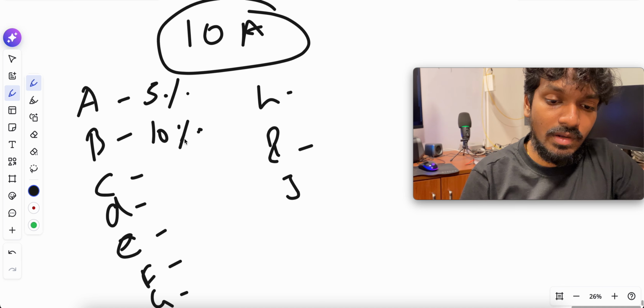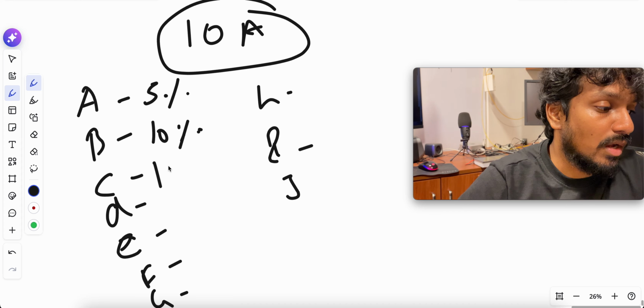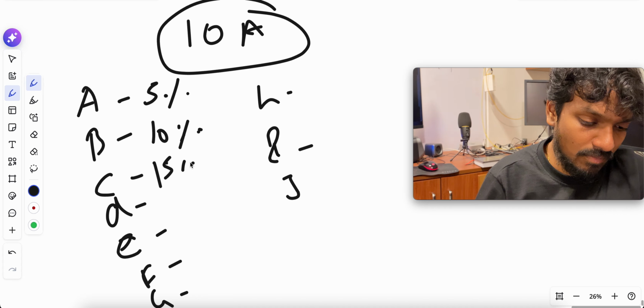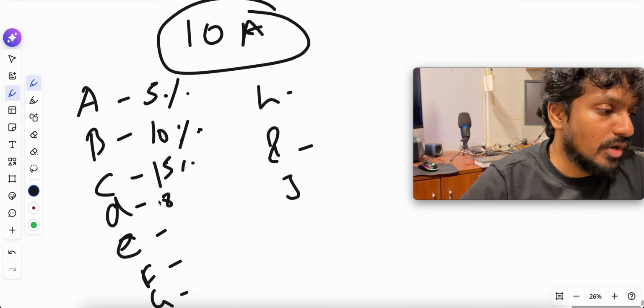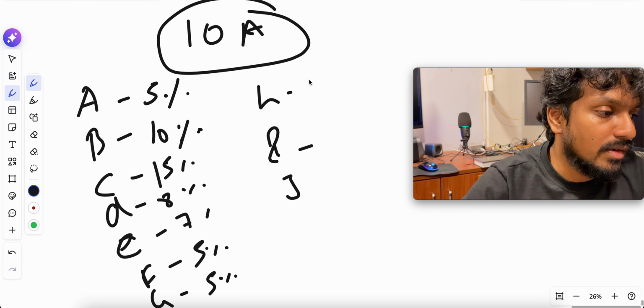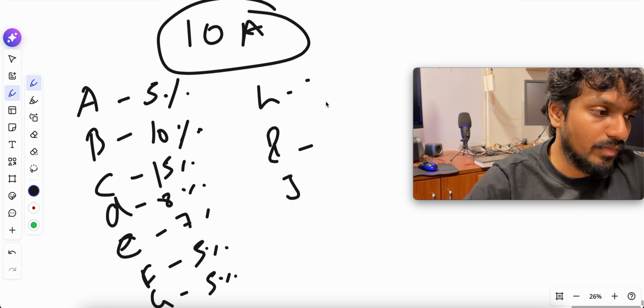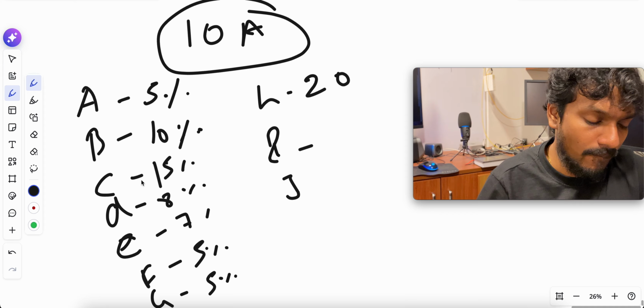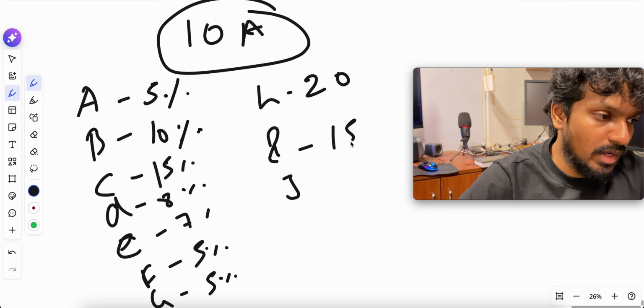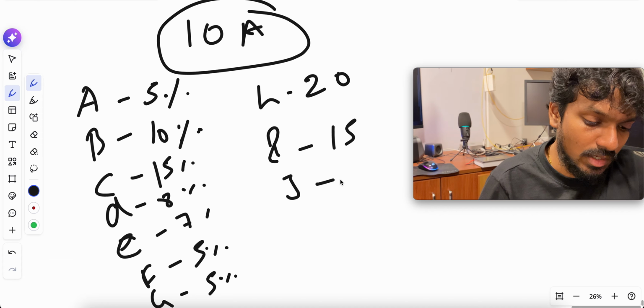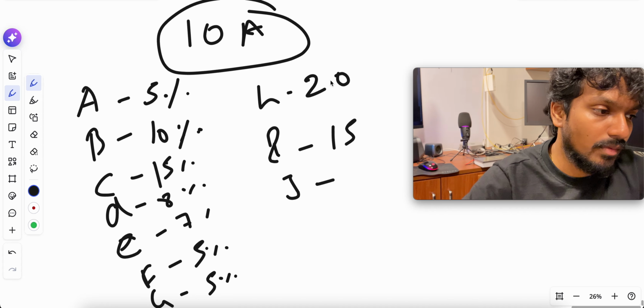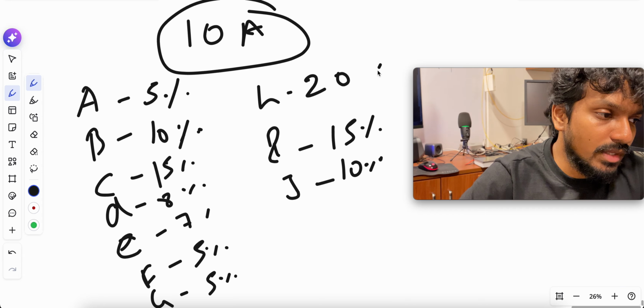So 5, 10, 15, and 8 for D, and 7, 5, 5, 20, 15, and 10. So totally, this is how the portfolio will be balanced.